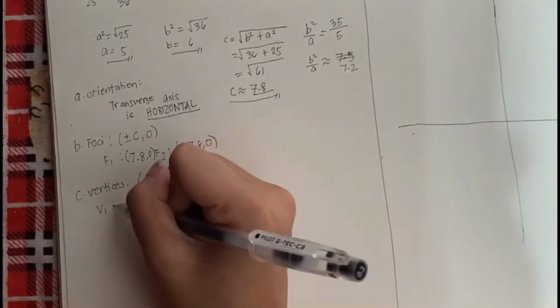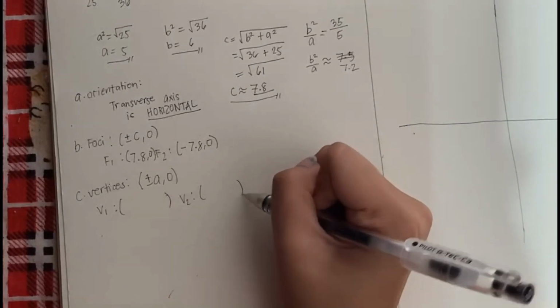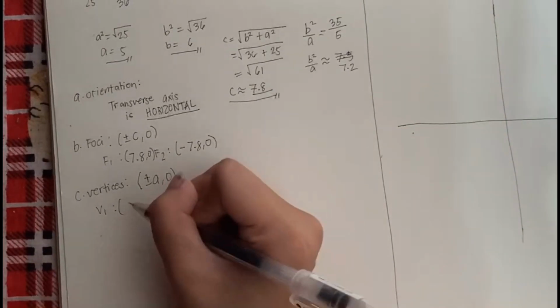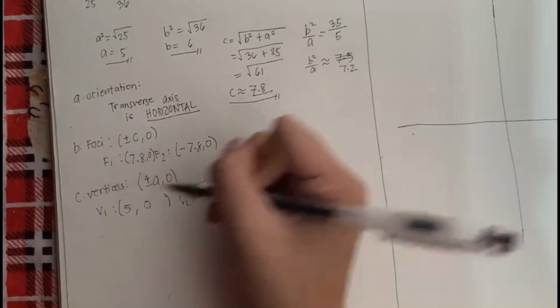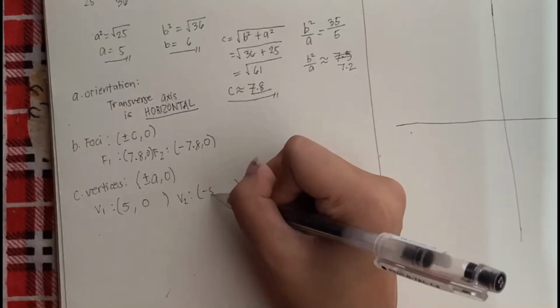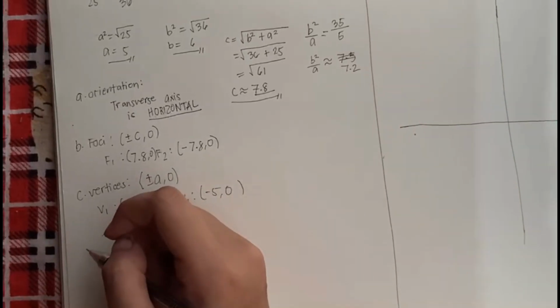So now that we have the formula, we have to proceed with the substitution. For a, we have 5. So we solve: one is a is 5, and the other is negative 5 and 0.